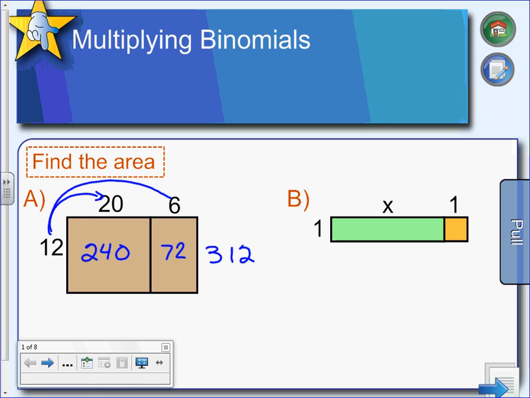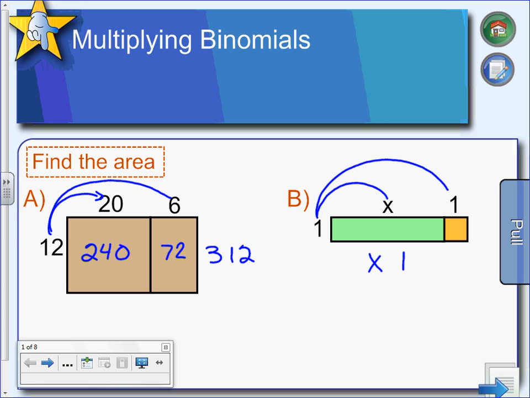So that's how we would figure out the area, and this was kind of how your teachers may have introduced the distributive property to you. Same here. I have a length of 1, a width of x, and another length of 1. So I'm going to multiply that 1 to the x where I have x, and then that 1 to the 1, and I get 1.